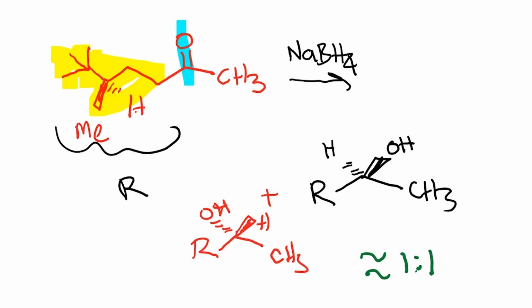Okay. However, the interesting thing here is that if I start with a slightly different compound, I have the following molecule, C double bond O, CH3, and I start with this compound.